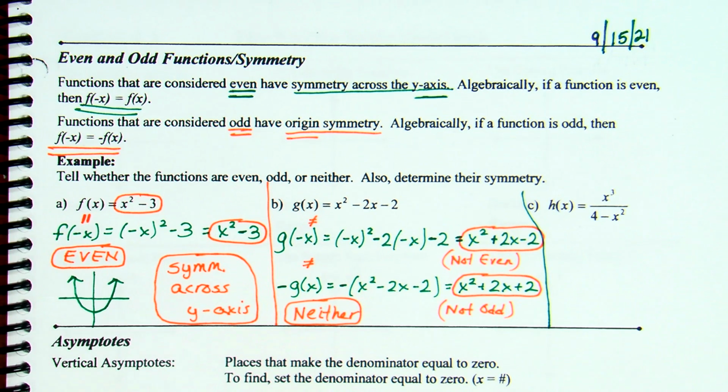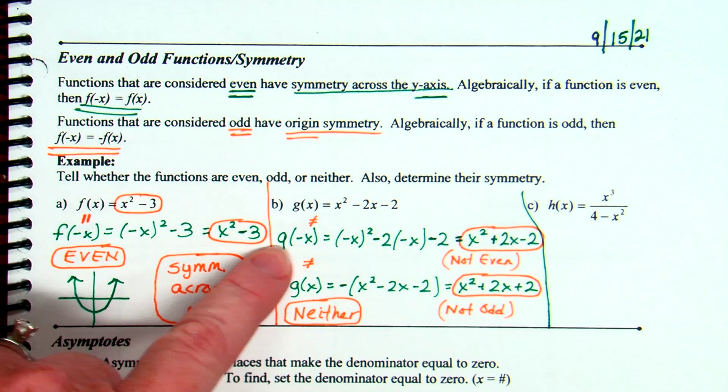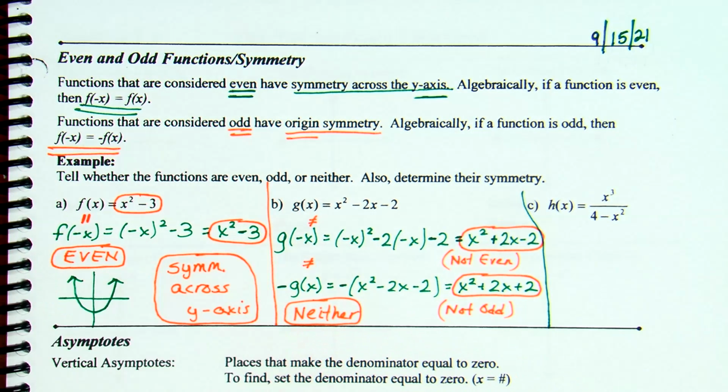Okay, then we went on to b. When we looked at b, we plugged in negative x, and g of negative x is not equal to g of x. So because g of x and g of negative x were not the same, we knew it was not even. We could not stop there, though. We had to go another step. So then we found negative g of x, which means multiplying the whole equation by a negative.